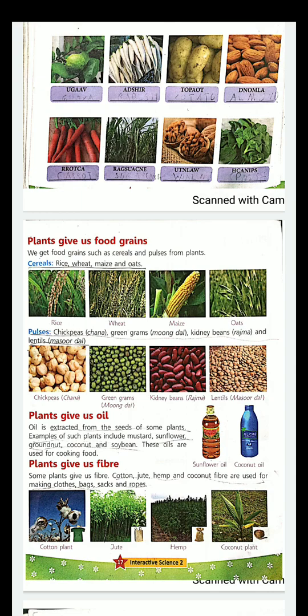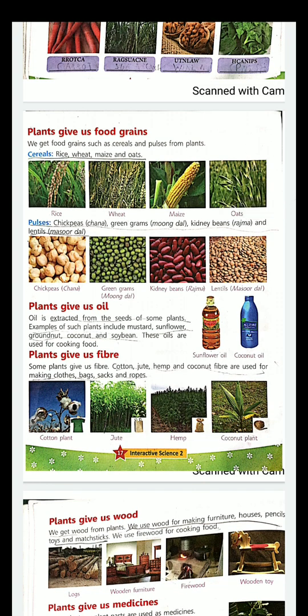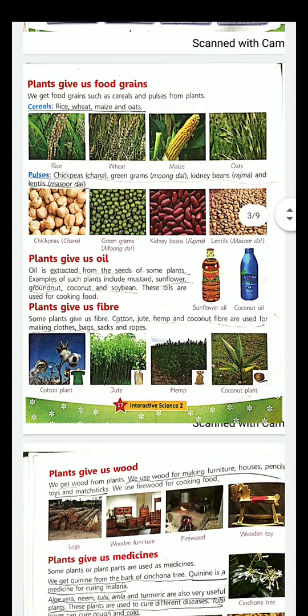Then we studied that plants give us oil, like coconut and sunflower oil. Then we studied in the last class about the various fibers. Yes or no? Cotton plant, jute, hemp, coconut plant, these give us fibers. Cotton to make clothes, jute to make bags, hemp to make sacks, and bori and ropes are made from the coconut plant.